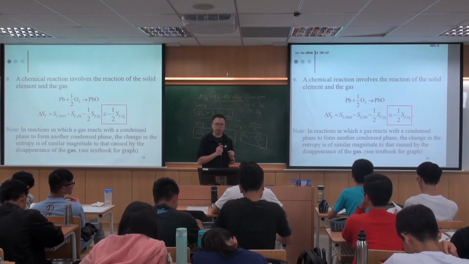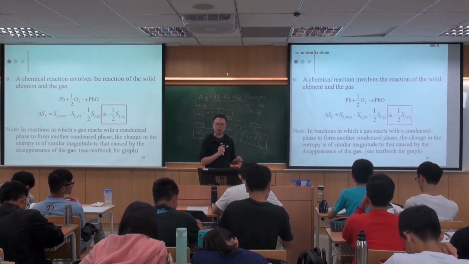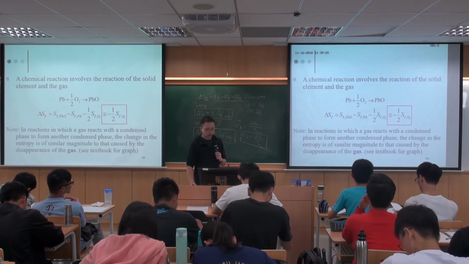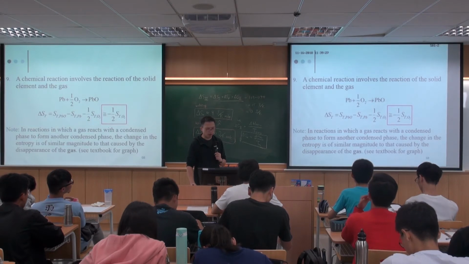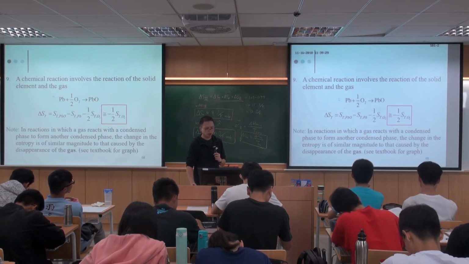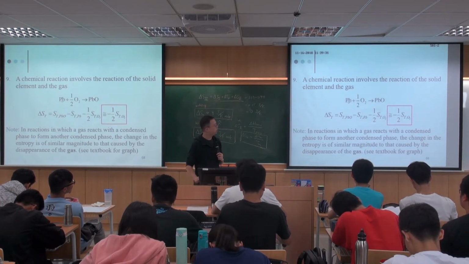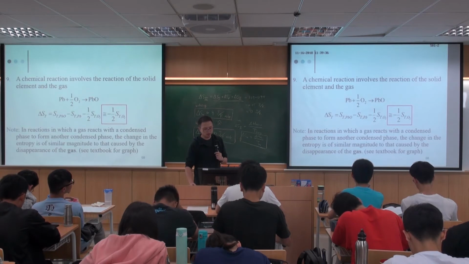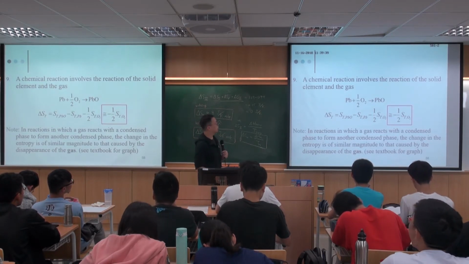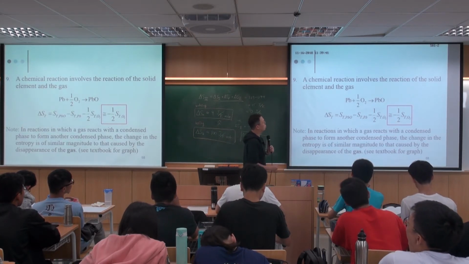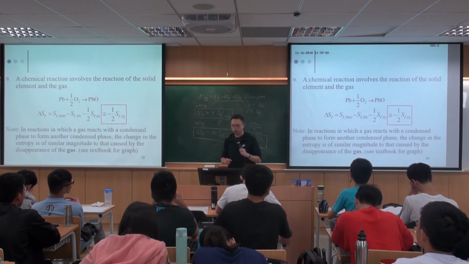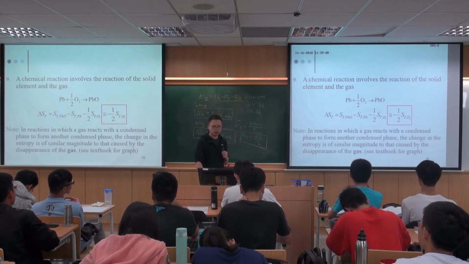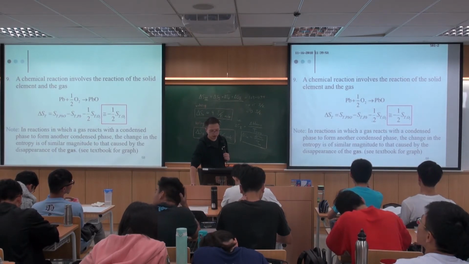But in this case, the product here is in the solid phase. And this reactant, lead, is in the solid phase or the liquid phase. But the gas over here, the oxygen, is in the vapor phase, or its gaseous form. Therefore, the major contribution of entropy should be coming from the gas, from the oxygen.